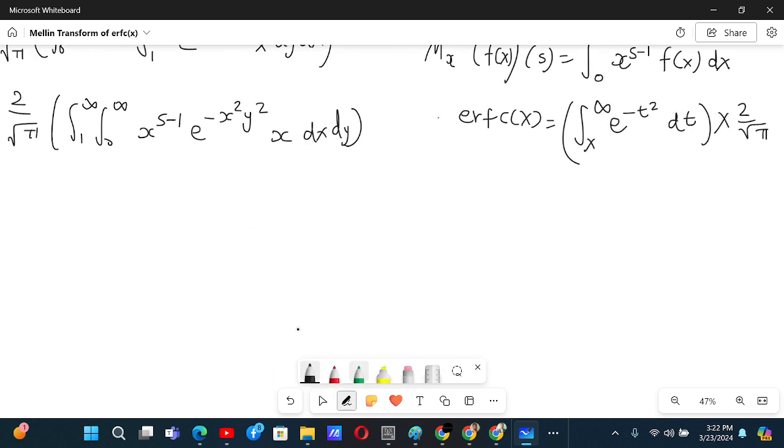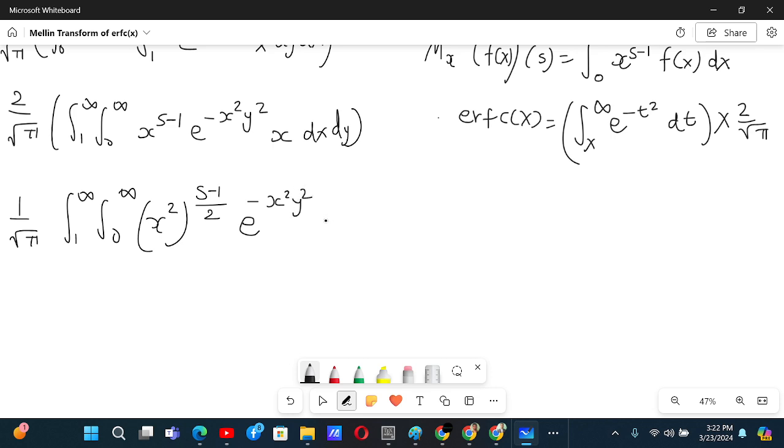Now what we can do is take this 2 inside. Let me write this as x square to the power s minus 1 by 2. There's a reason for doing this. e to the power minus x square y square and then 2x dx.